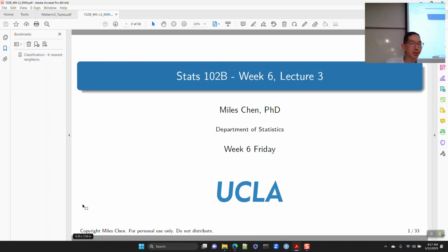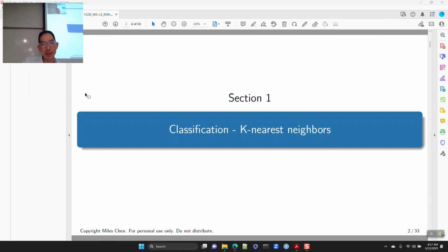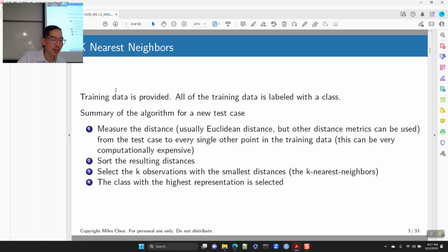Okay, K-nearest neighbors is a classification method, machine learning. I'd say it's fallen out of favor a little bit more recently. It's still useful. It still shows up a lot.